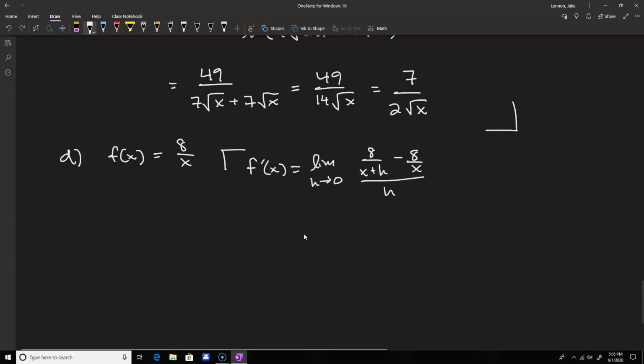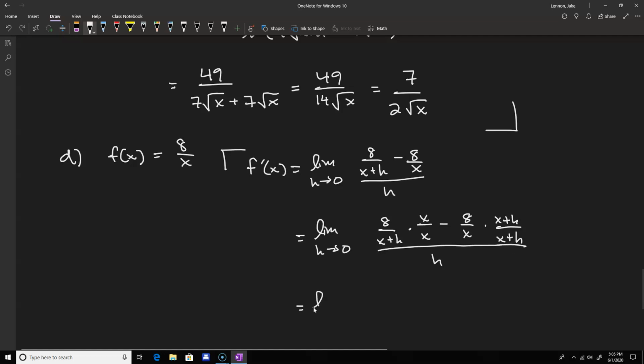So we need to get a common denominator in the numerator, so we can do that by writing the limit as h goes to 0 of 8 over x plus h times x over x minus 8 over x times x plus h over x plus h. And again, everyone is still being divided by this h.